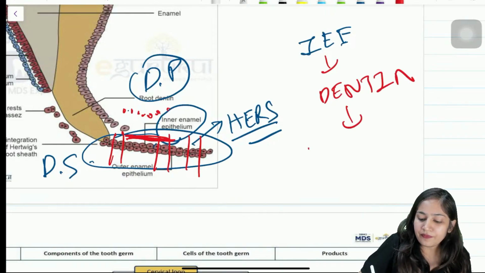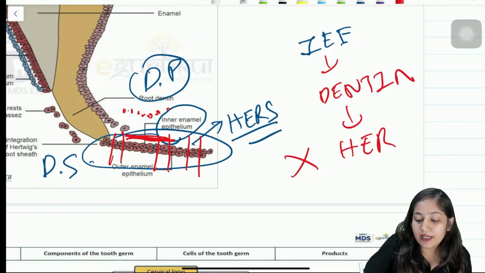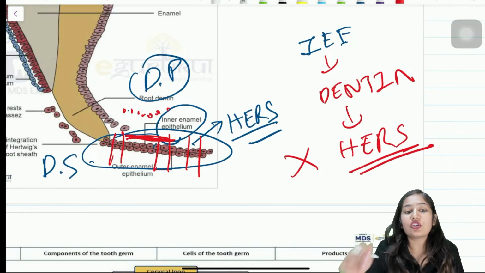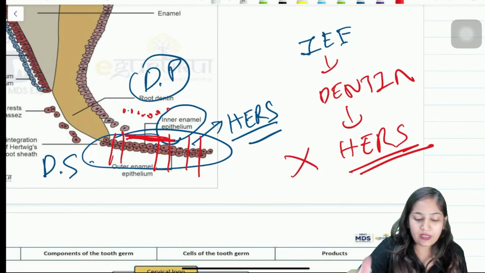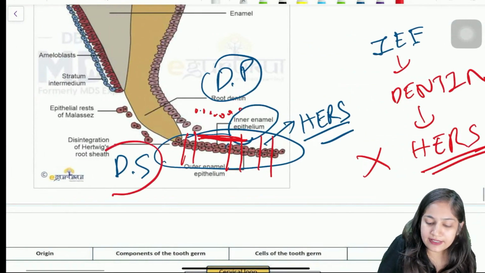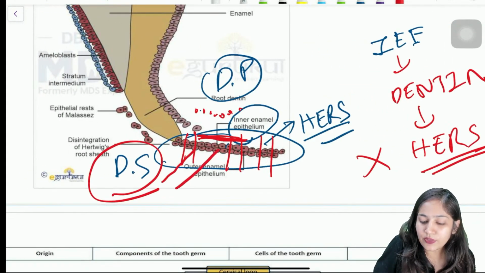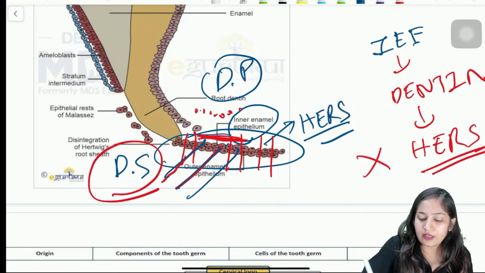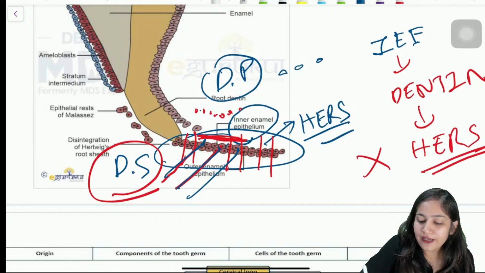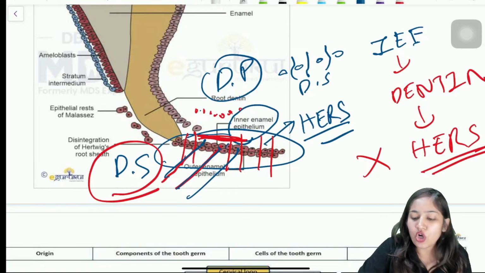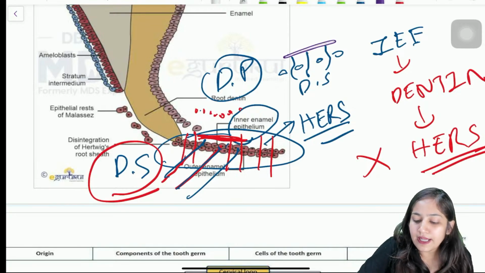Once there is disintegration of HERS, what will happen? Here we have dental sac cells, right? Dental sac cells will directly come in contact with the formed dentin. So here continuity of HERS is broken. So dental sac cells will have a pathway to come in contact with the formed dentin.